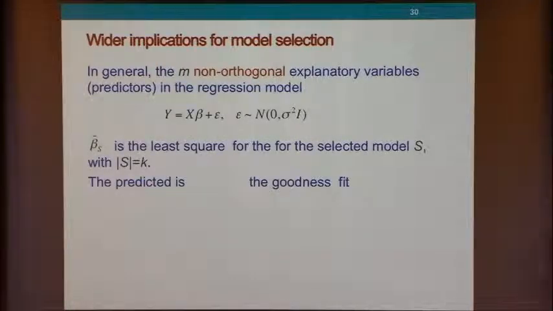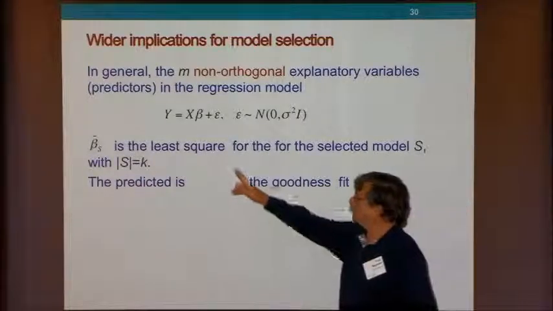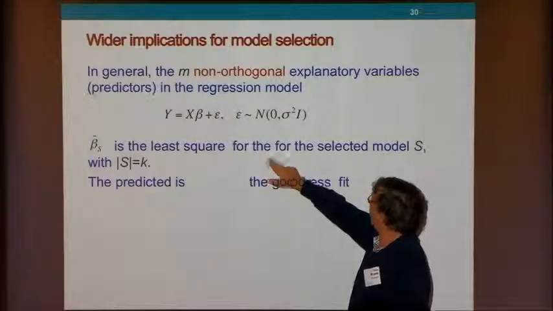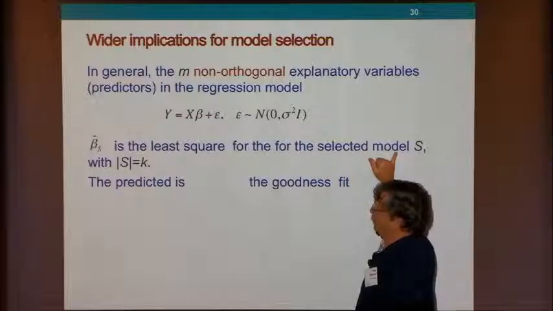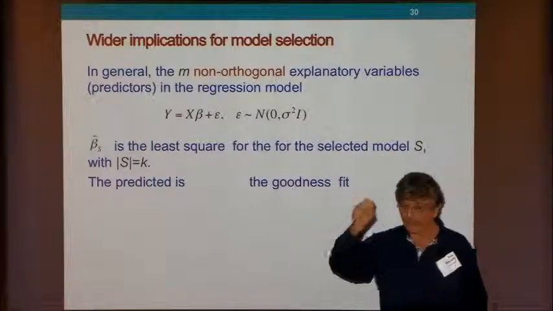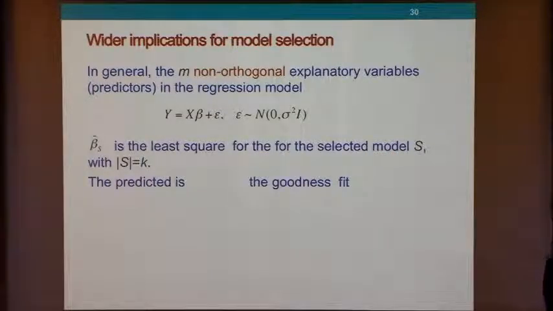Let me take beta hat S as the least squares estimator for the selected model S. So I take only some of these for the purpose of model selection. The model can be with all of the parameters, it can be with all of the interactions, higher order interactions, and so on.